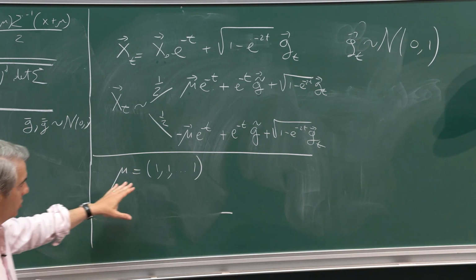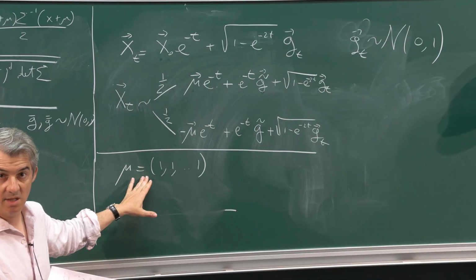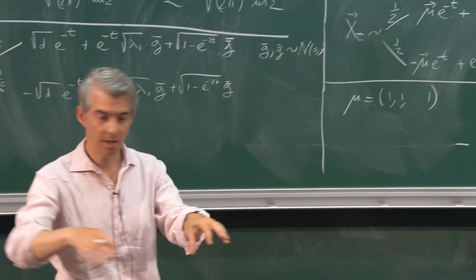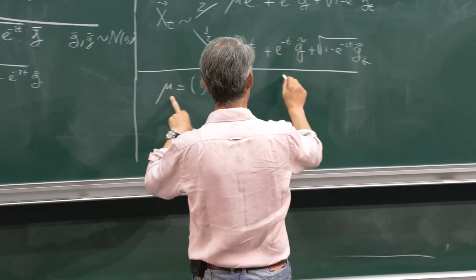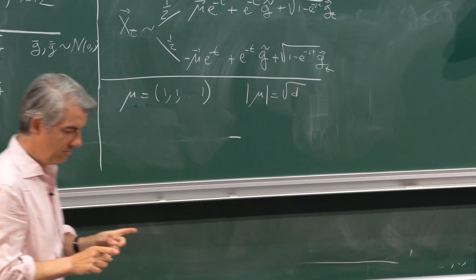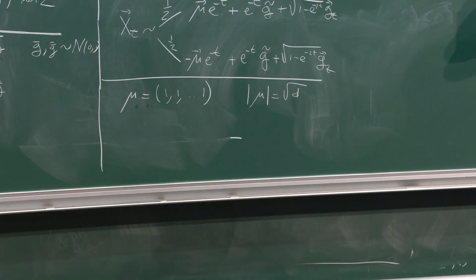Here I'm making a choice: the two Gaussians are very well separated, because the norm of mu is square root of d. So I have two Gaussians very well separated, by square root of d, and they have fluctuations in all directions which are of order 1.